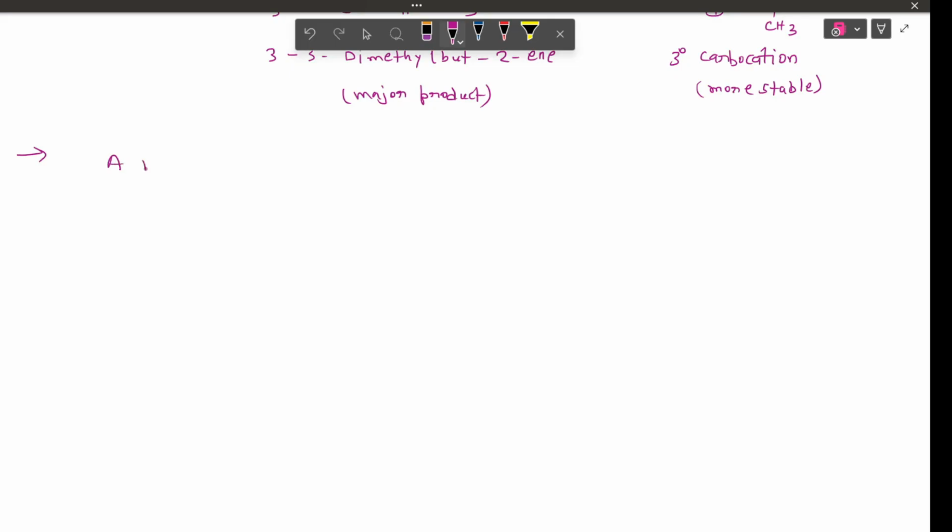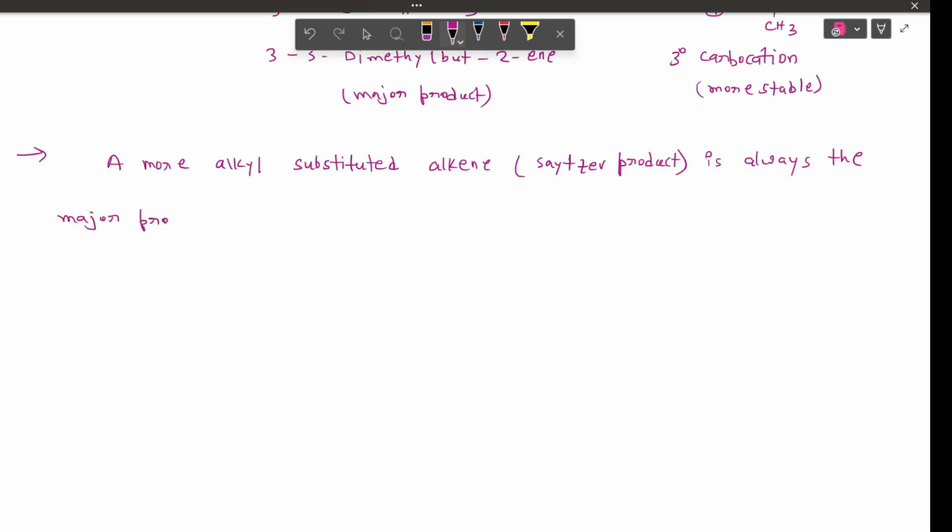So let me write it here. A more alkyl substituted alkene, that is Saytzeff's product, is always the major product of dehydration of alcohols.